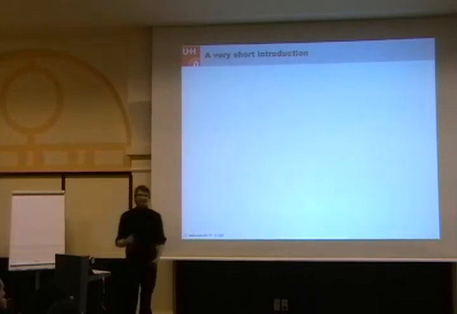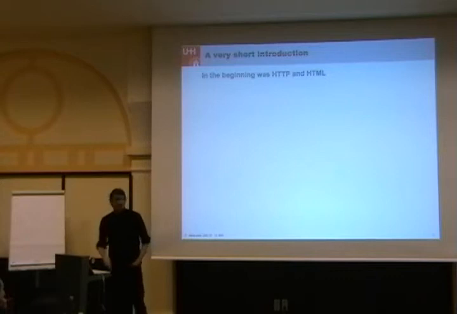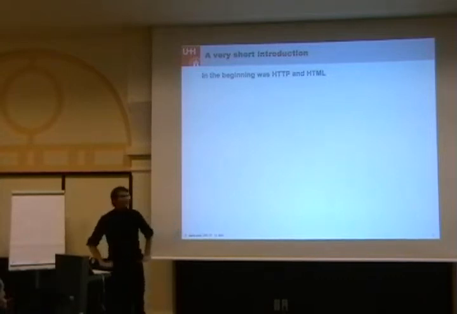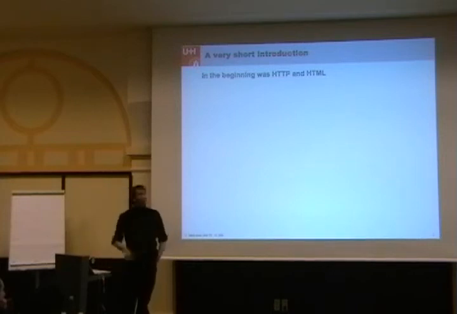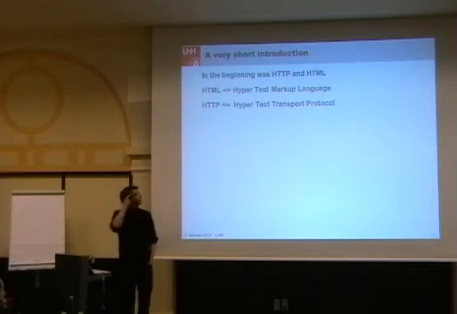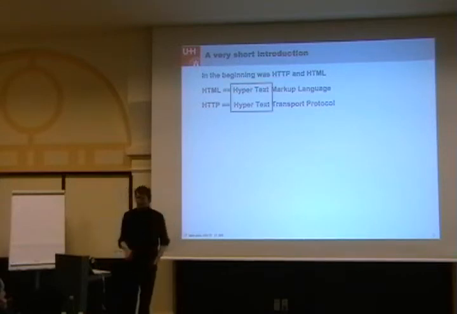A very short introduction to the www. So in the very beginning, the www was one protocol and one specification for documents. We had HTTP and HTML. HTTP is hypertext transport protocol, and HTML is hypertext markup language. And the interesting word here is hypertext.